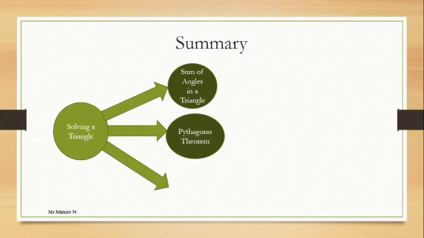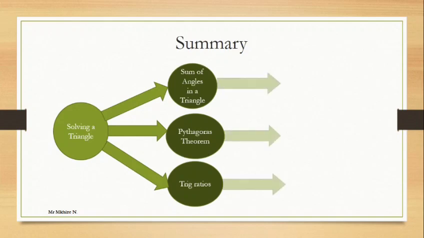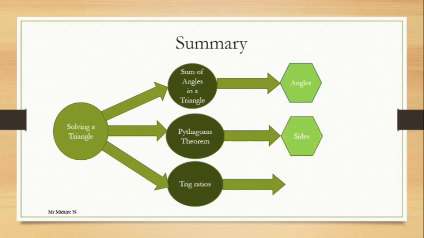We also had Pythagoras theorem, and then we also spoke about trig ratios that we can remind ourselves easily using SOHCAHTOA. And we also did specify that sum of angles is used to solve angles, Pythagoras is for sides, and trig ratios is used to move between sides and angles.